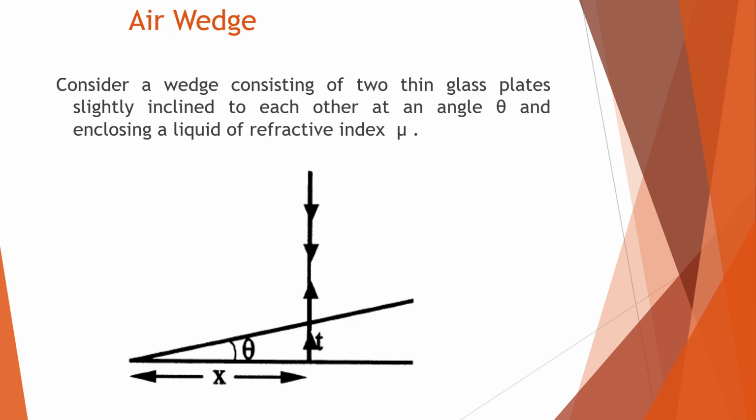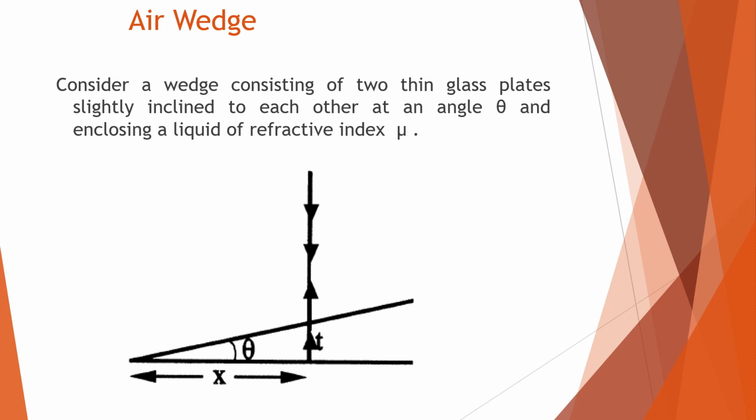Hope you remember, in Newton's rings, the basic apparatus consists of a planar convex lens placed over a plain glass plate. Whereas in air wedge, we have two glass plates inclined at an angle theta with each other. In Newton's rings, we started the essay by saying that there is an air film between the planar convex lens and the glass plate, and later in the application we introduced a liquid film.